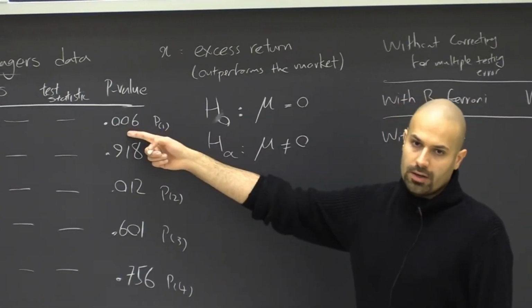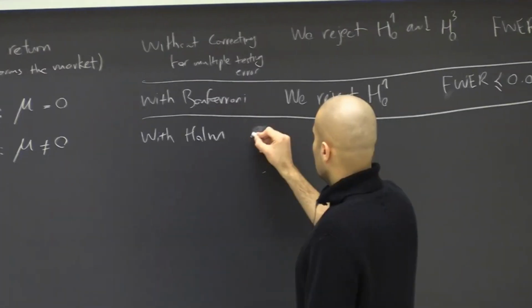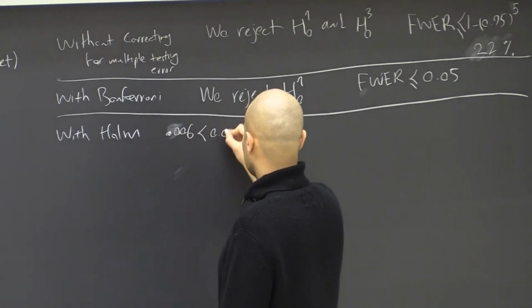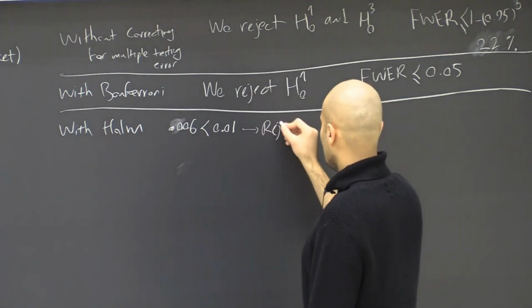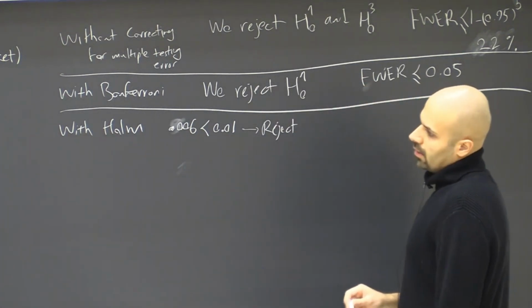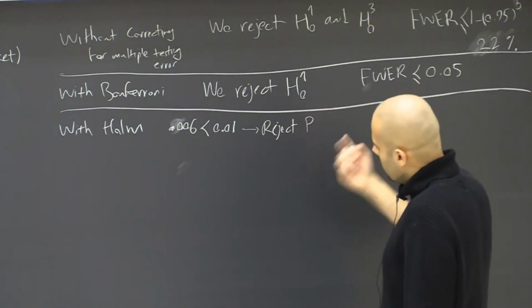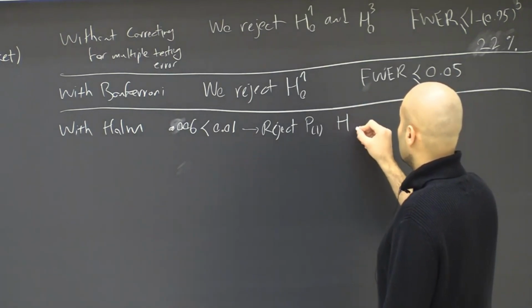P-value P1, 0.006, is smaller than 1%. So we reject P1. We reject the hypothesis associated with P1, which means H01.